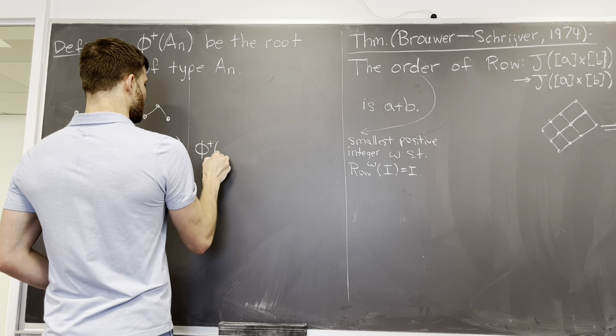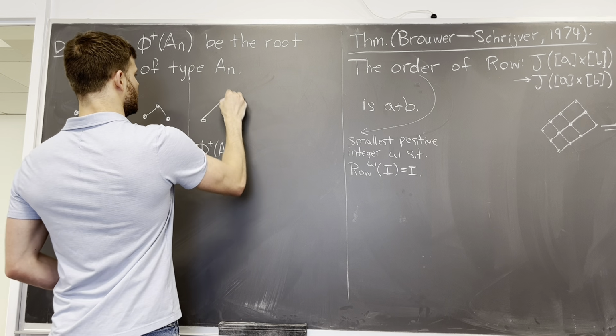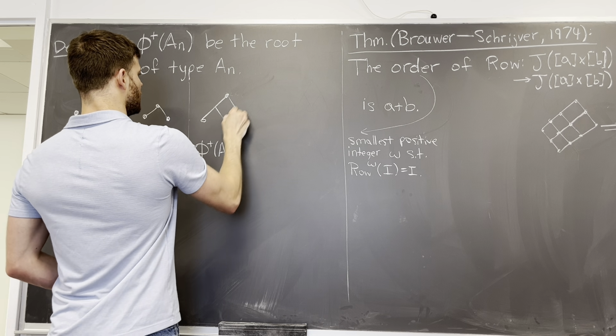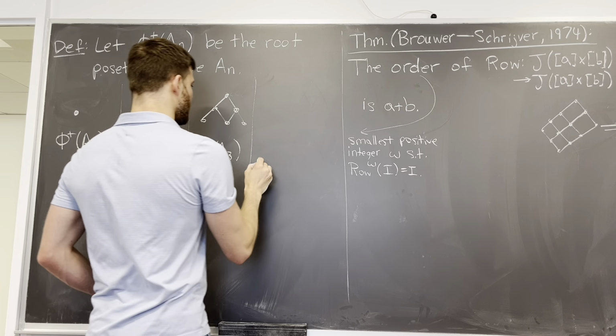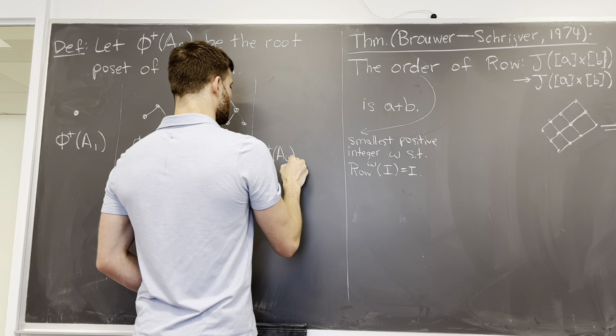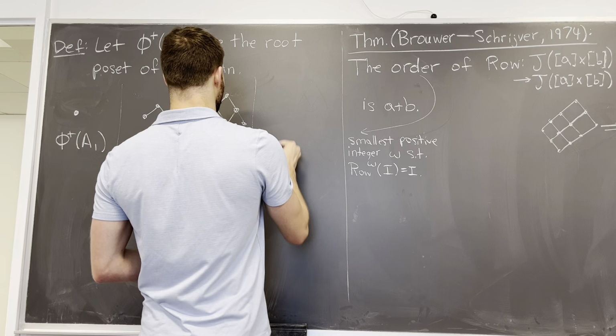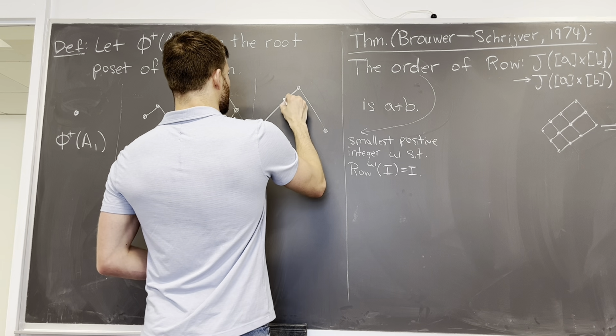Phi plus of A3 is the one that I had before. It's this thing. Let me do phi plus of A4. Actually, it's not hard to define this. Maybe I can, but I think the pictures indicate it pretty well.